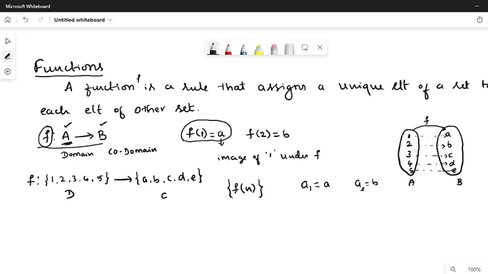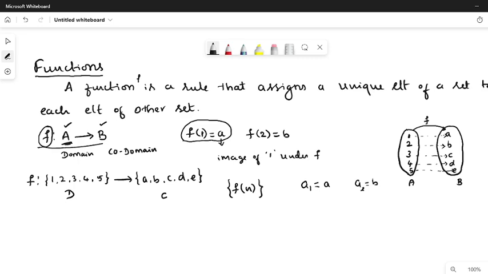Similarly, if I write f of 2 equal to b, it means that b is the image of 2 under f, or 2 is mapped onto b under f. Similarly, you can write f of 3 equal to c, f of 4 equal to d, f of 5 equal to e, and so on.